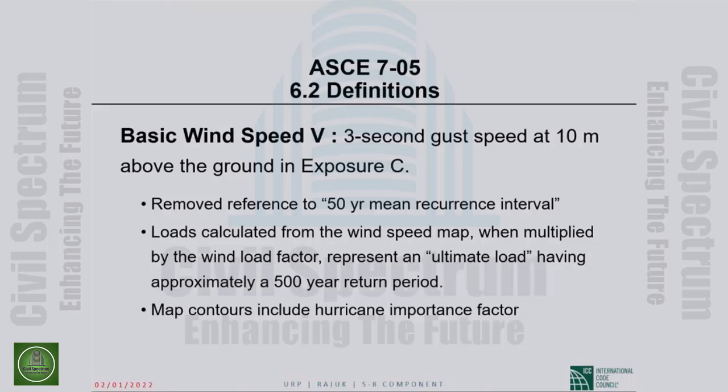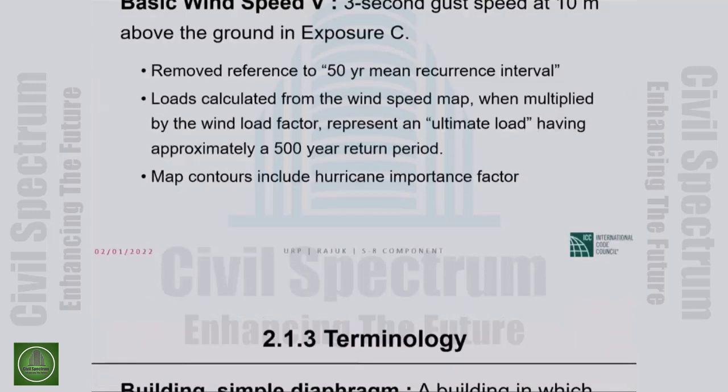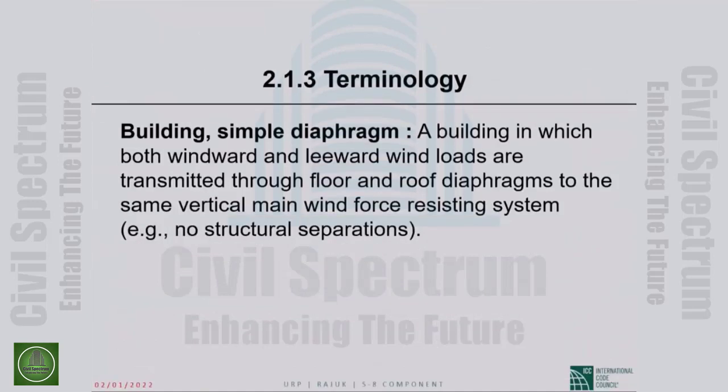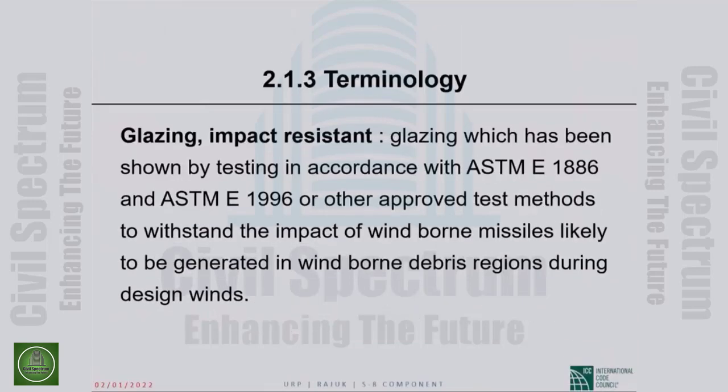So the 500-year return period on the factored loads was maintained even on the hurricane coastline. Okay, definitions. Time I knew would be a problem. It's probably a bigger problem than I thought. I don't have a vivid recollection of how many slides are left. So anyway, simple diaphragm building I will define with a picture a little bit later. So let us not spend time on it. Impact resistant glazing.